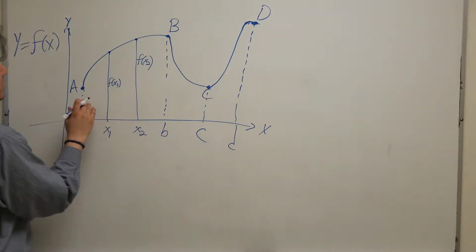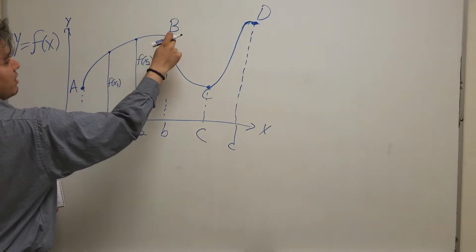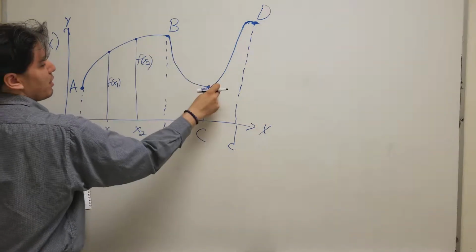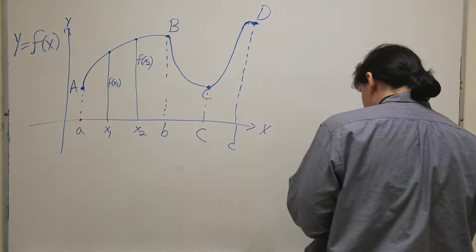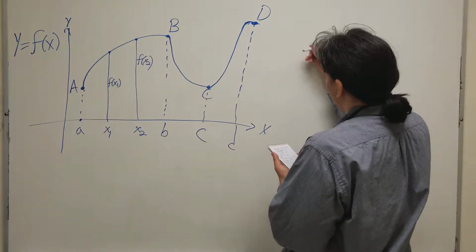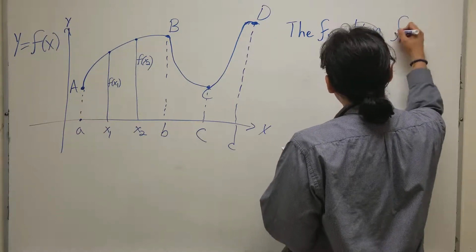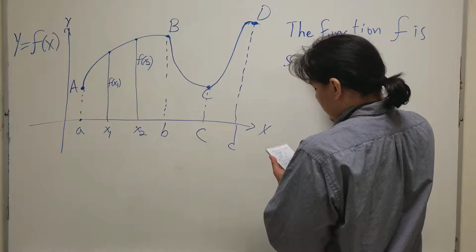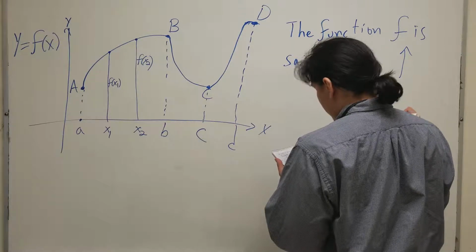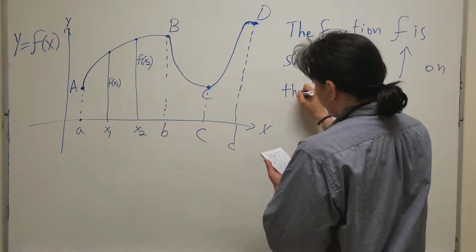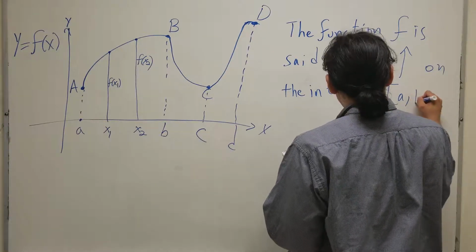So what we see is, again, the graph increases from capital A to capital B, and then it decreases from capital B to capital C, and then it increases again from capital C to capital D. So let's write it out. The function f is said to be increasing on the interval, square bracket a and b.